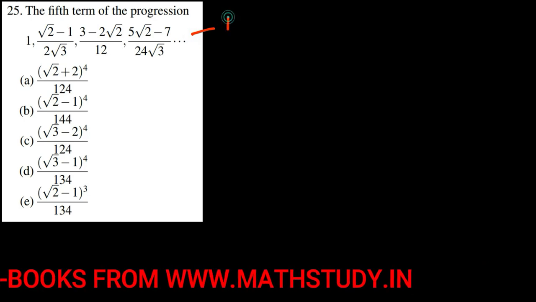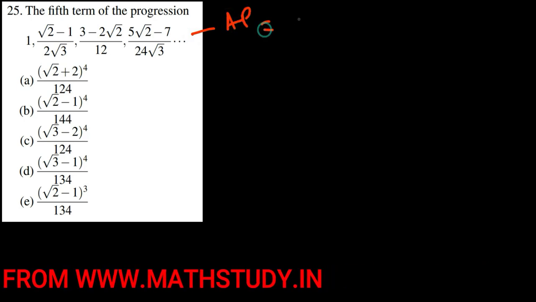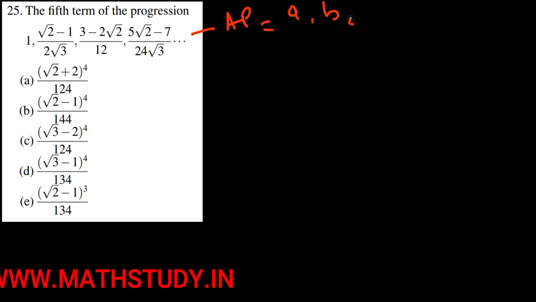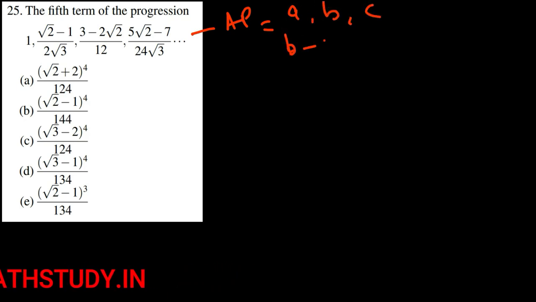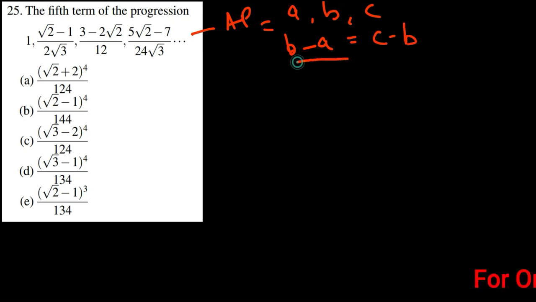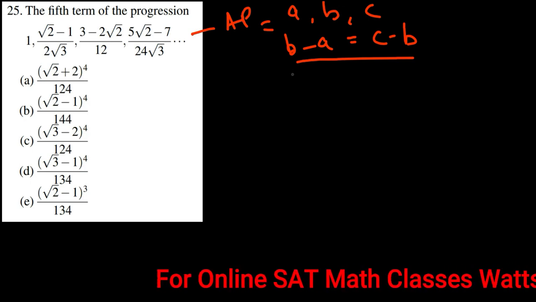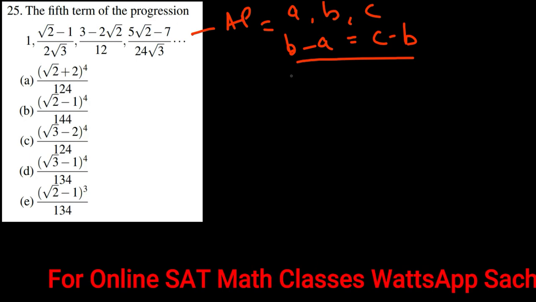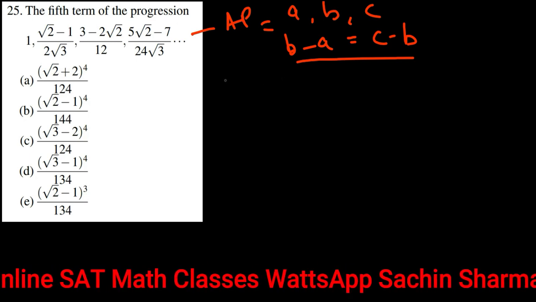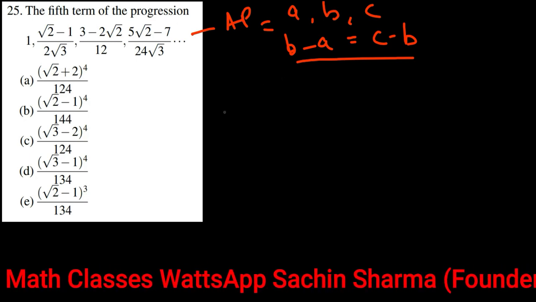As homework, you can do this: how to find the arithmetic progression? If three numbers are in AP, then b minus a should be equal to c minus b. You can easily find out that these first three terms are not in arithmetic progression. Now let us find out whether it is a GP or not.